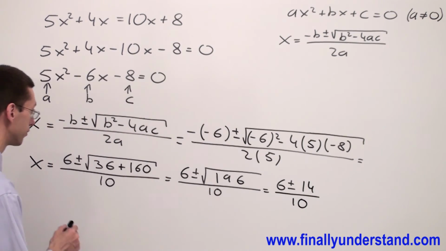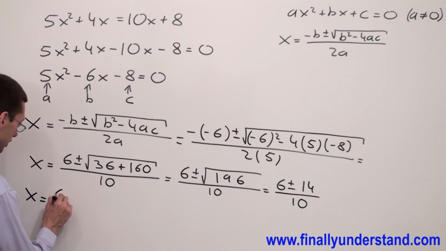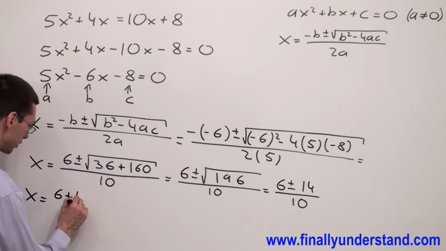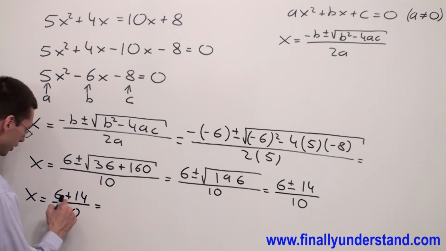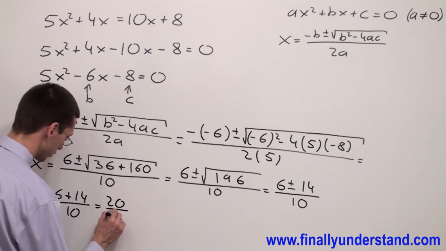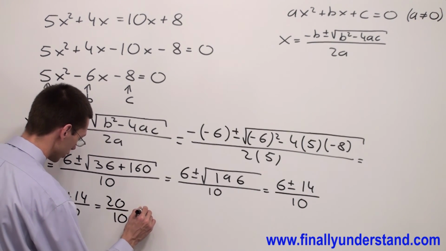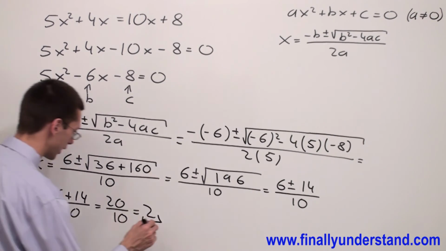And I have x equals 6 plus 14 over 10, which is equal to 6 plus 14, 20 over 10, which is equal to 2. So this is one of my answers.